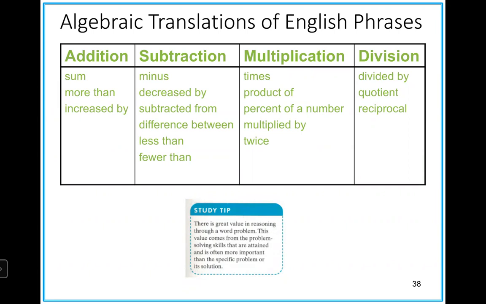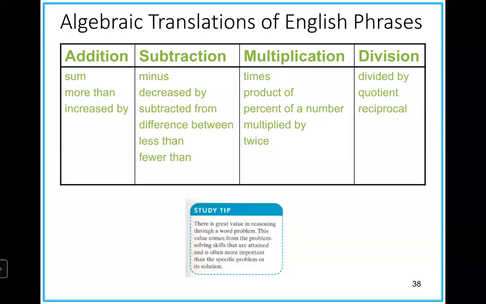Okay, so in the little study tip that they give here, it says there's a great value in reasoning through a word problem. A lot of us don't like to do word problems, but the value comes from problem-solving skills that are attained, and is often more important than the specific problem or its solution.